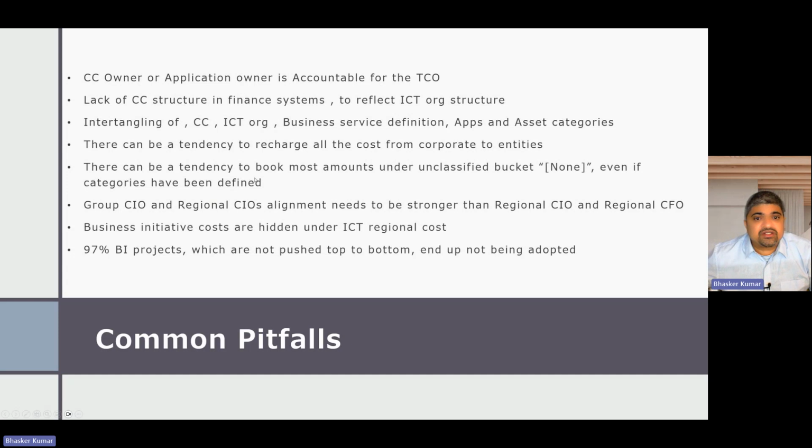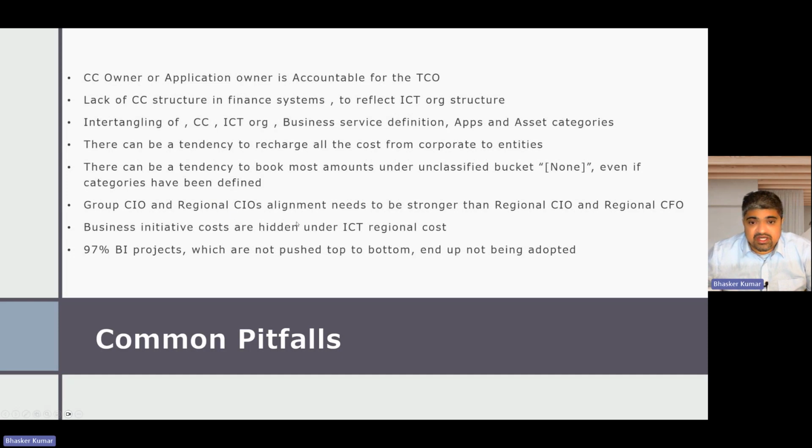There can also be a tendency to book most amounts under none, which we talked about. It's okay to start with 80% of your cost in the none bucket, but slowly, gradually, month after month, quarter after quarter, you want to reduce the cost that sits in the none bucket of the dimension you prefer. For example, vendor none is not a good situation. App none, those kinds of things.